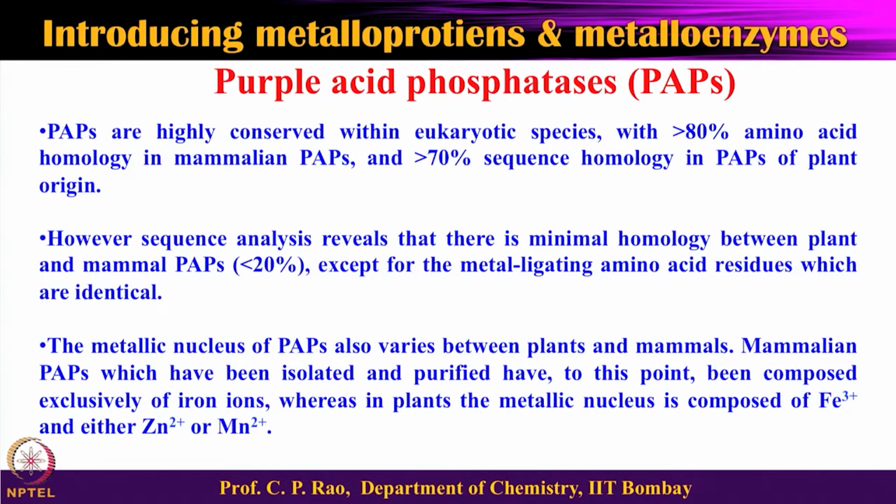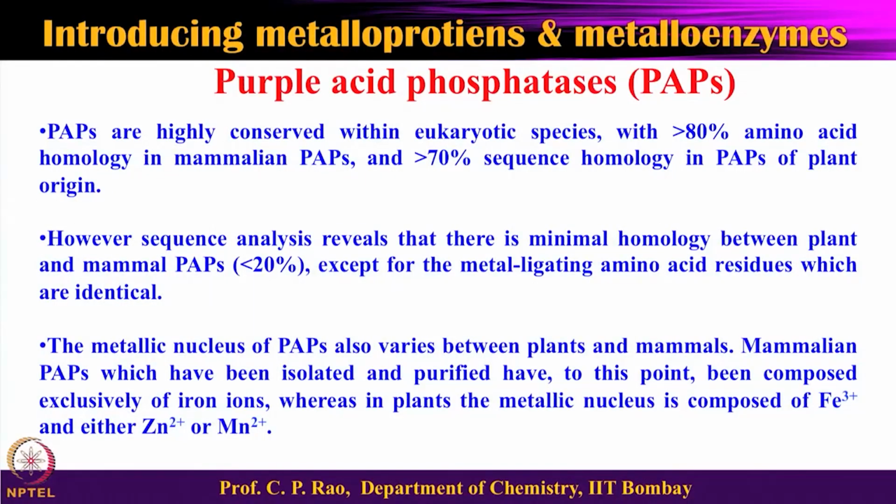Mammalian PAPs isolated and purified to this point have been composed of iron, whereas in plants the metallic nucleus is composed of iron 3 plus and either manganese or zinc, and that is where the diversity comes. The second metal ion in mammalian is still iron, and in other kinds it changes to zinc, magnesium and manganese.